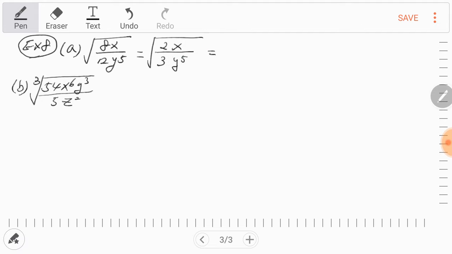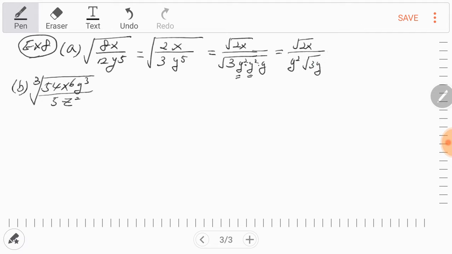Okay, and then separate the numerator: 3y to the 5th power. And since this is a square root, why don't we make it y squared times y, so that we can take y's out. So take this y out, then y times y is y squared, square root of 3y.